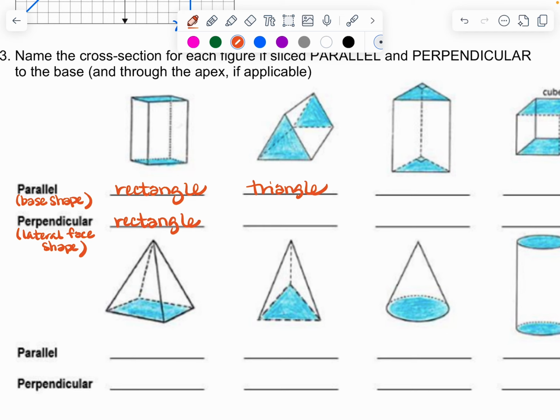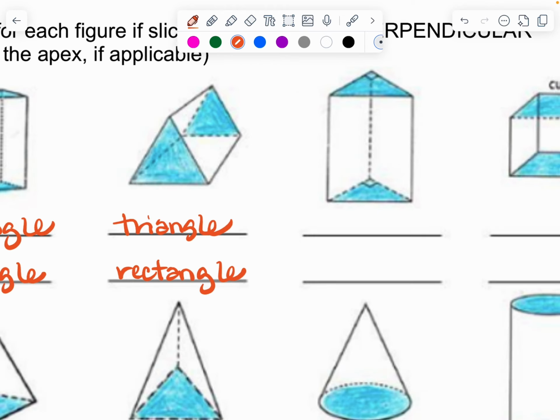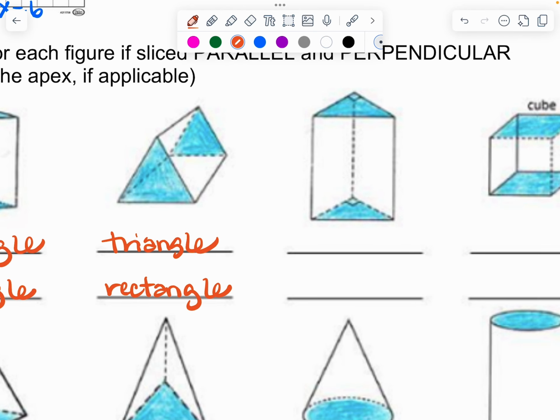All right, but if I go perpendicular to the bases, well, then it's kind of like if I do this and this and this, right? I'm going to get different size rectangles all the way down. I'm saying triangles. Sorry, I mean rectangles.